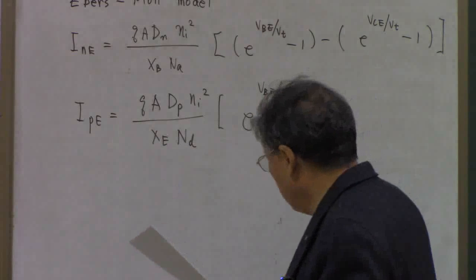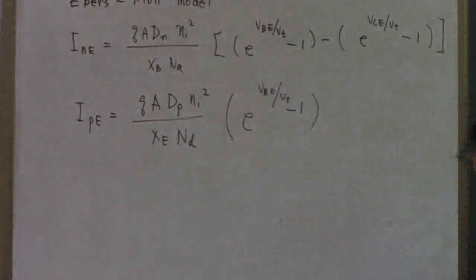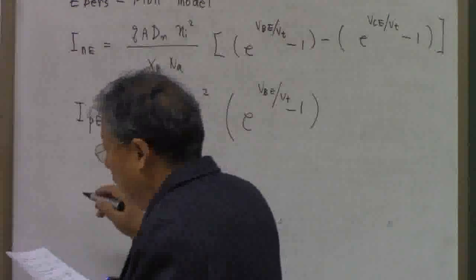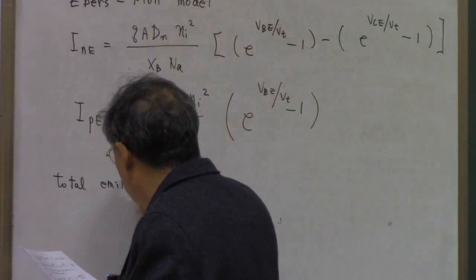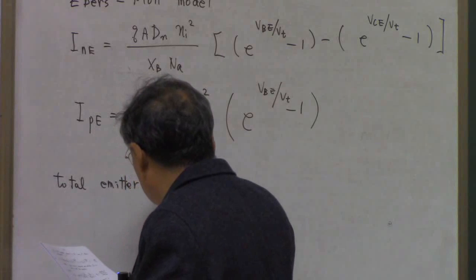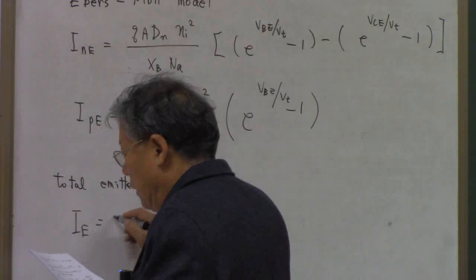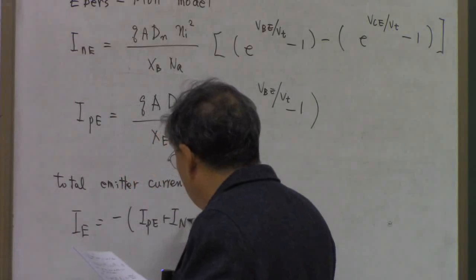We just have only one forward bias term here. So in total current, it should be added because the polarity is opposite. So the total emitter current is the sum of IPE and INE.